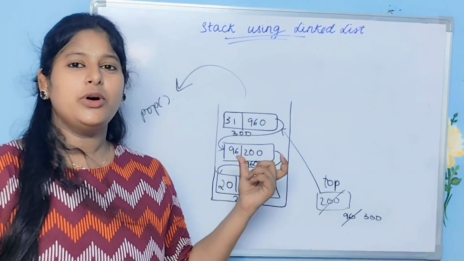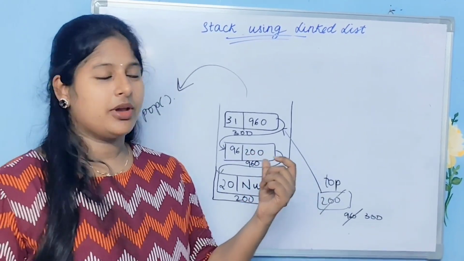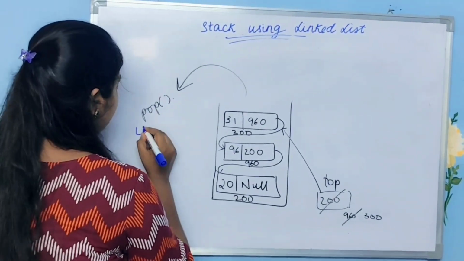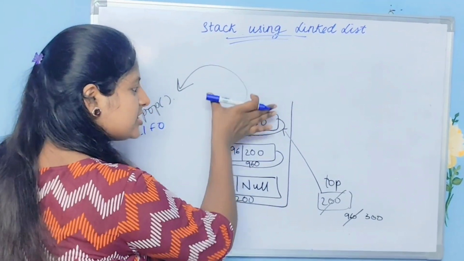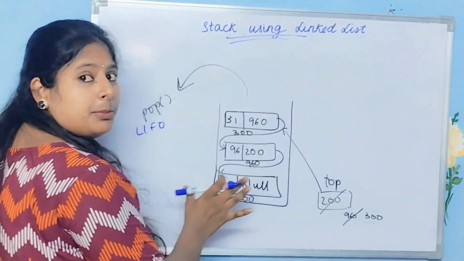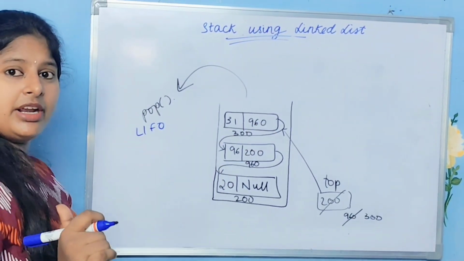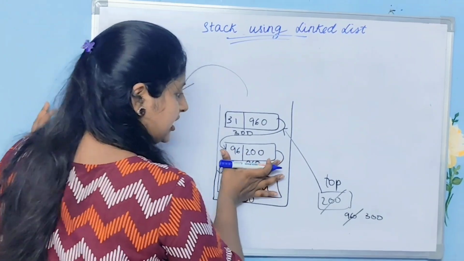Now, let us perform pop operation on stack using linked list. What is my pop? General stack rule, last in, first out. The element which is pushed last will be popped first. So this should be popped. Then which element should top represent after deletion? It should represent the one here.